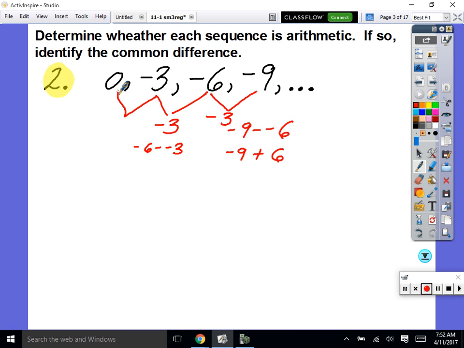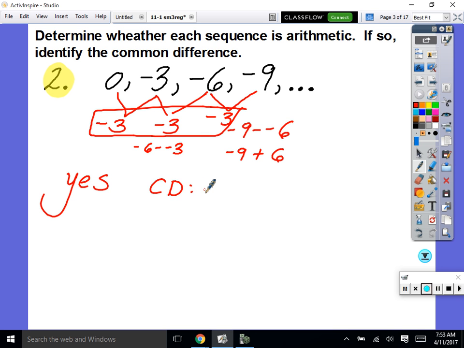And let's check, let's make absolute sure. Negative 3 minus 0 is negative 3. Was the difference the same from one term to the next on each term? Yes, so it is arithmetic. We subtracted 3 each time to get to the next term. So yes, and then it says, if so, what's the common difference? So just do CD, common difference is negative 3.